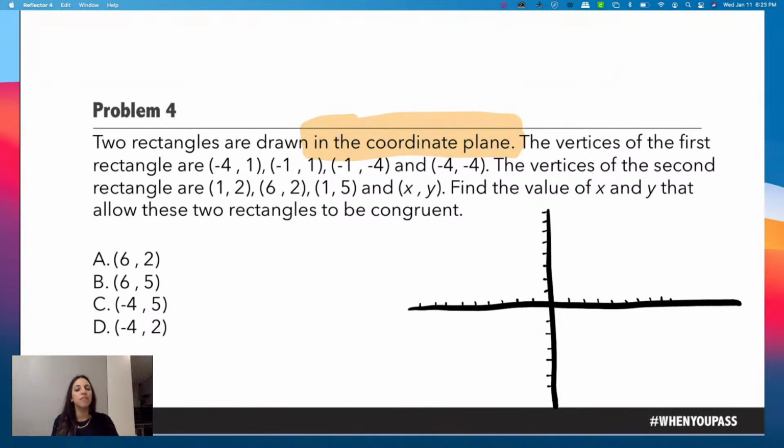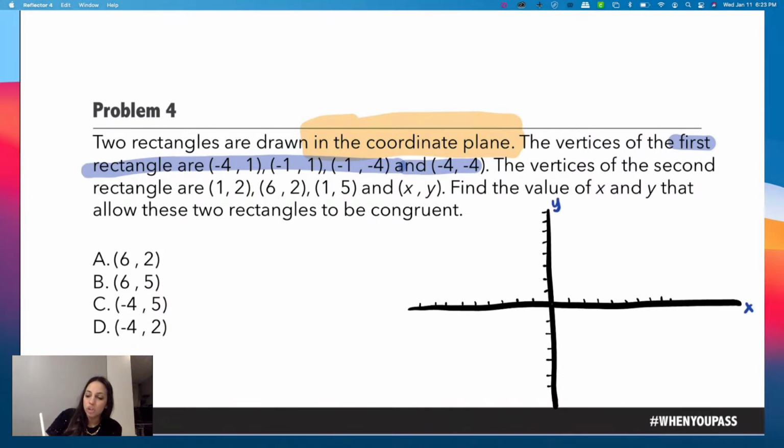The vertices of the first rectangle are, I'm going to highlight the first rectangle in blue, so I'll do all of these points in blue. -4, +1. Someone specifically asked for coordinate plane problems, so I'm going to go back to the bare basics. Graphing on a coordinate plane, very quick review. This is the x-axis, this is the y-axis.